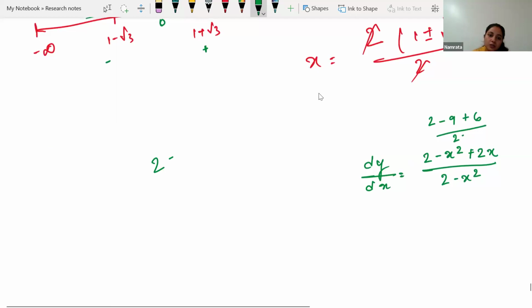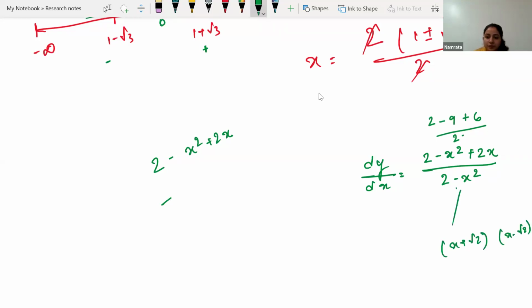If we take only the numerator's part, the denominator is giving x plus root 2, x minus root 2, root 2 plus x, root 2 minus x, and the numerator is this one.